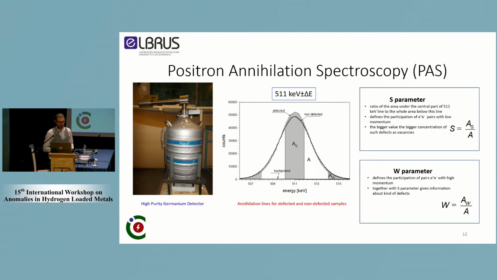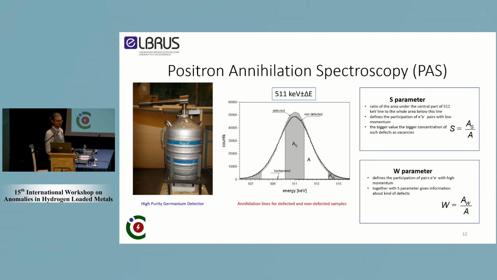To give you a little bit of insight of how do we do the lifetime spectroscopy analysis, we have these peaks that are generated by the interactions between the material and the beam of positrons. Basically, we shoot this positron beam and we count the time between the interaction of the positron with the material and its annihilation.